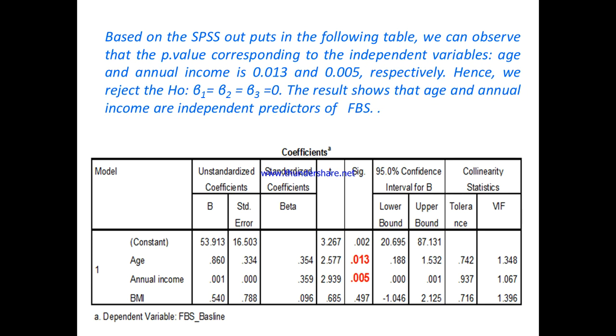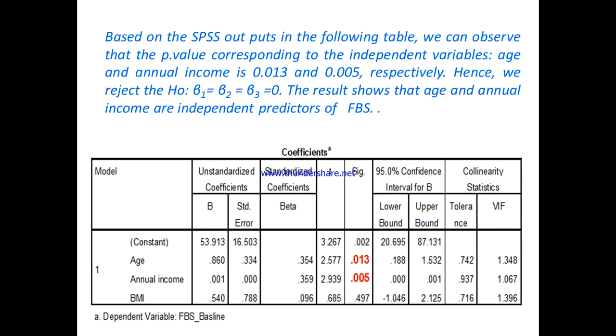BMI doesn't have any relationship with fasting blood sugar based on this data. As you can see, the p-value is 0.497. This indicates that it doesn't have a significant association with the fasting blood sugar. So you have to compare this with what is in the literature, and you have to justify why.